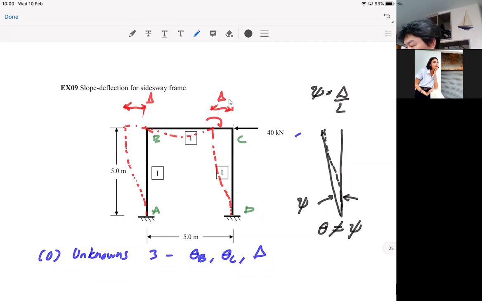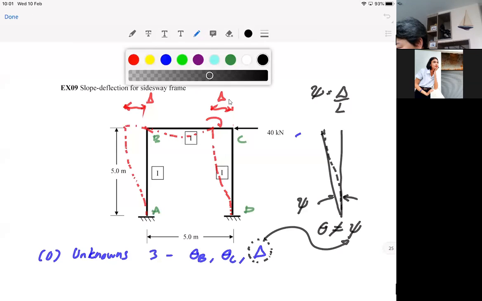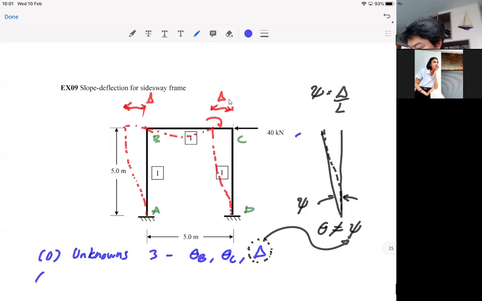So we have three unknowns in this case, and you need to use the term theta to relate the unknown to the psi term in the slope deflection equation. So that's step number 0, and we move on to step number 1, relative stiffness.